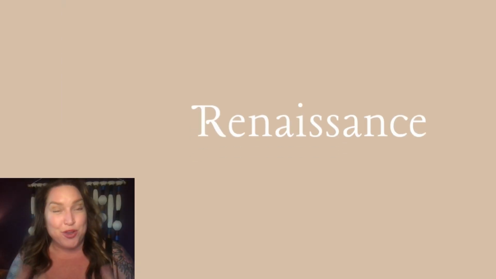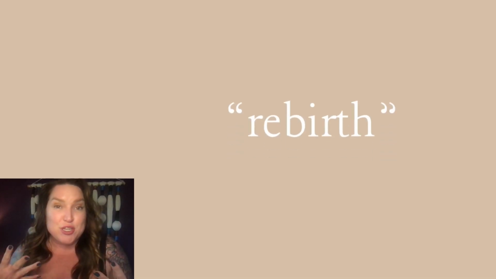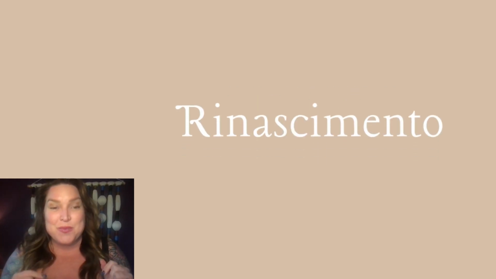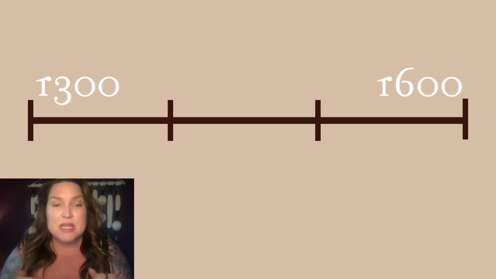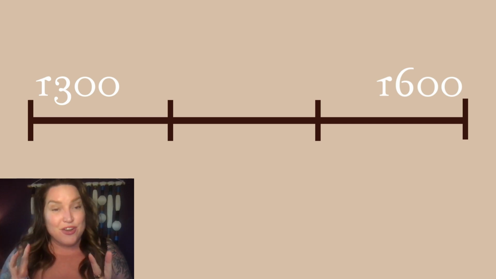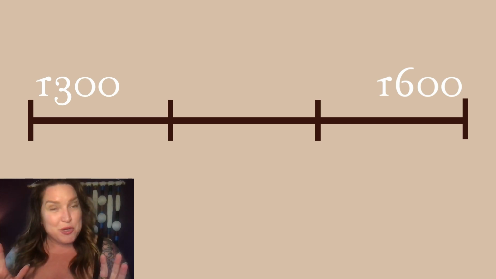You've probably heard this term Renaissance before, and you may know that it means rebirth. It comes from a French word for rebirth. In Italian, this time period is called Il Rinascimento, and the Renaissance refers to a time period in Western Europe, roughly from about 1300 to 1600, that describes these intellectual, artistic, and economic changes that occur in mostly Western Europe during this time period.